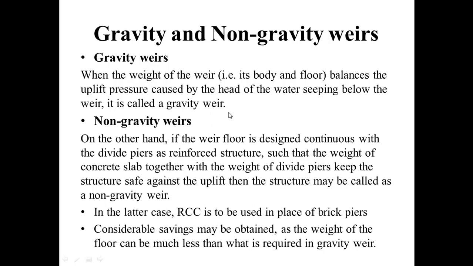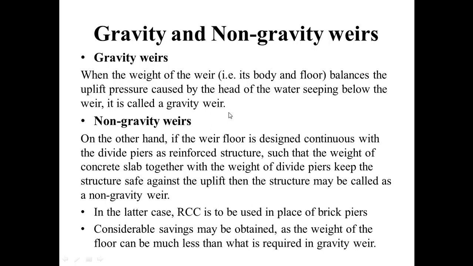The next type is non-gravity weirs. On the other hand, if the weir floor is designed continuous with divide piers as a reinforced structure such that the weight of the concrete slab together with the weight of the divide piers keeps the structure safe against the uplift, then the structure may be called a non-gravity weir.